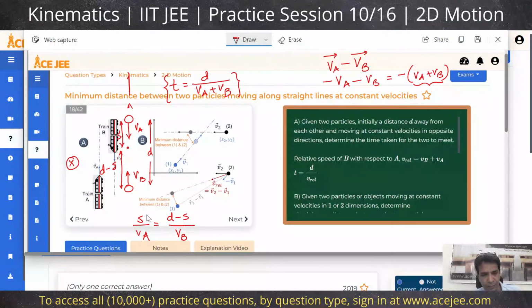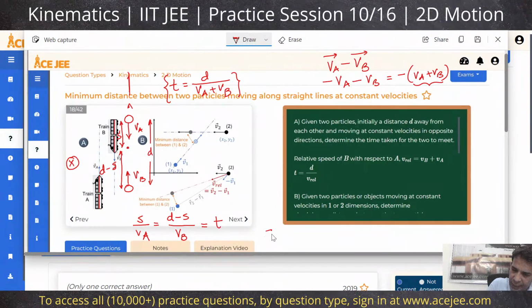Correct? So what will be the time taken? Well, that will be s by VA, which should equal d minus s by VB. Correct, Namita? Yes, sir. Okay. This should be equal to the time t. Correct, Namita? Yeah.